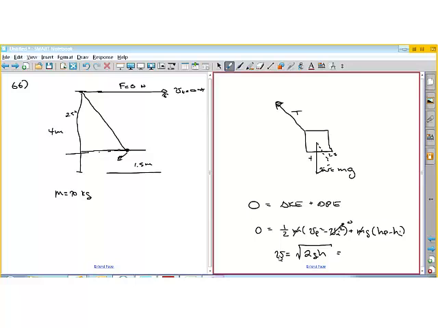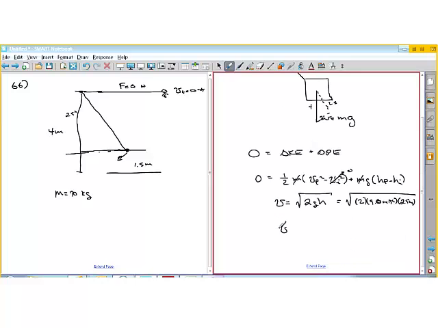So in our case, this will be our velocity, and we get 2 times g times h, which is 2.5 meters, because we are 1.5 meters above the bottom, so that's 2.5 meters. That's our change in height.